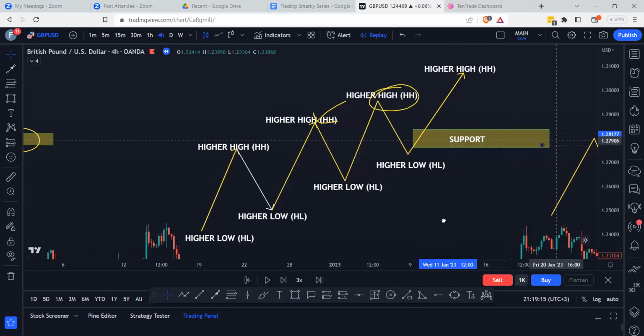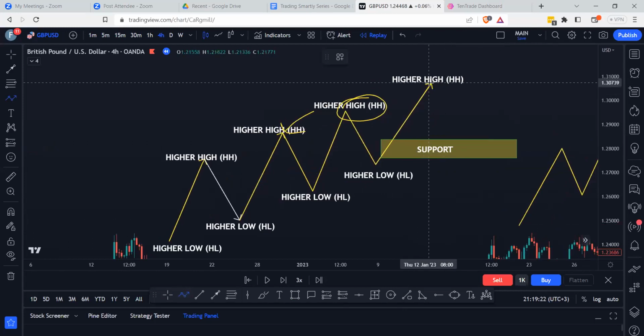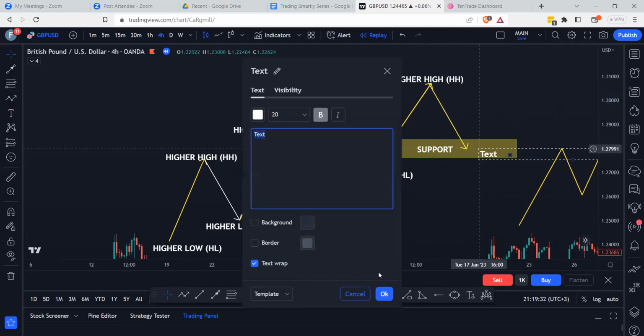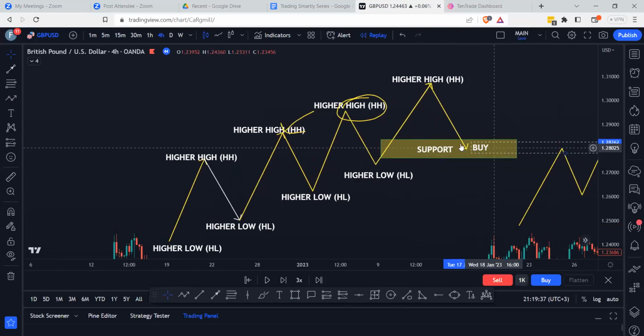Okay, so this is a support. So what do you do? You want to wait for price to retrace into a support. When price gets into the support, I'm looking to pull the trigger for a buy at this zone. And possibly this zone that you buy from will be the new higher low that will push price to form a new higher high, like so.